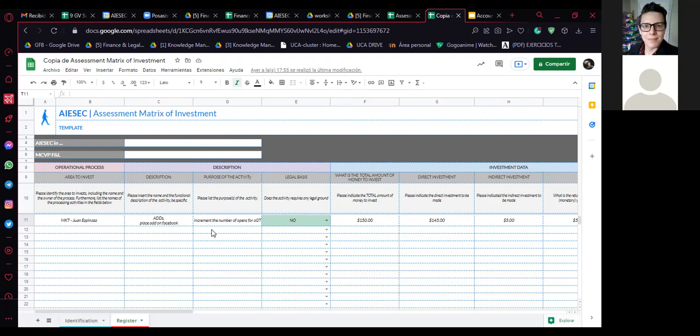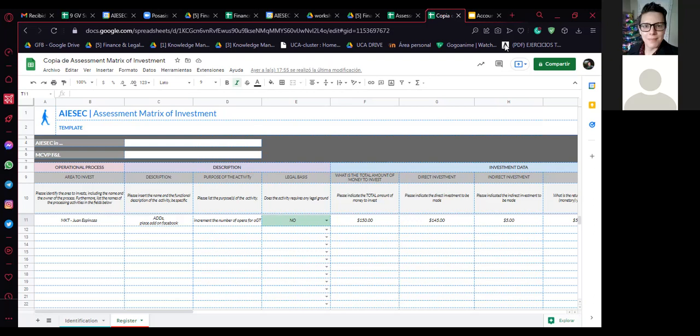You already have the numbers, what were the things that went well, what were the things that you may reconsider doing, what were the flaws of the investment, what happened. You will have comments, the total amount of investments, and the indirect costs that the investments bring. So everything will be registered for you to transition to the next generation. And with this, you will have an easier time giving information about all the investments that you have.